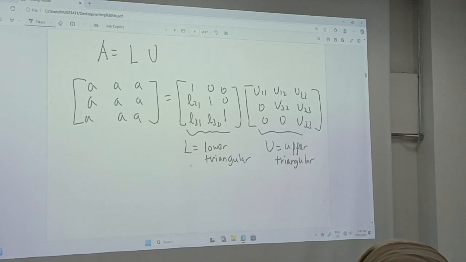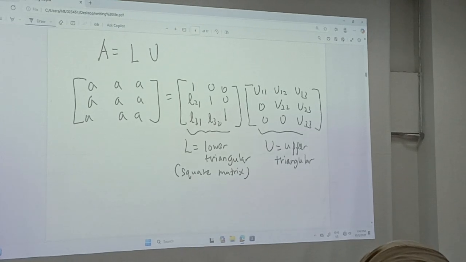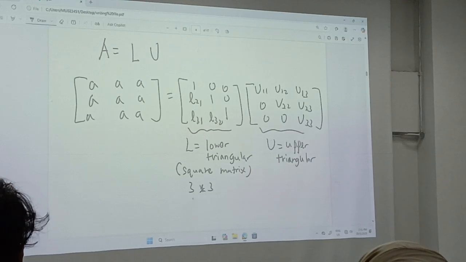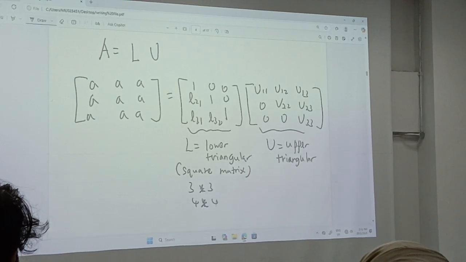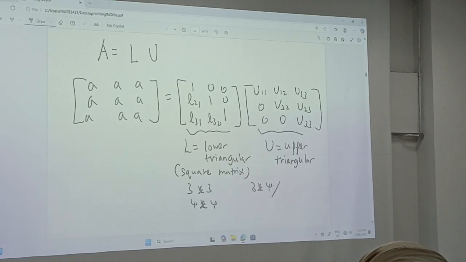So lower triangular is always a square matrix. So what does it mean, square matrix? Square matrix means, for example, 3 by 3 matrix, 4 by 4. If 3 by 4 then it is non-square. Okay, 3 by 4 is non-square.